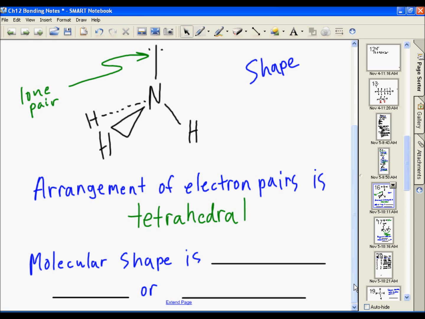But the molecular shape, which is talking about where the atoms are, is not a tetrahedral. If we cover up the lone pair, it looks like a pyramid. And that's why the molecular shape is called a triangular pyramid, or a trigonal pyramid.